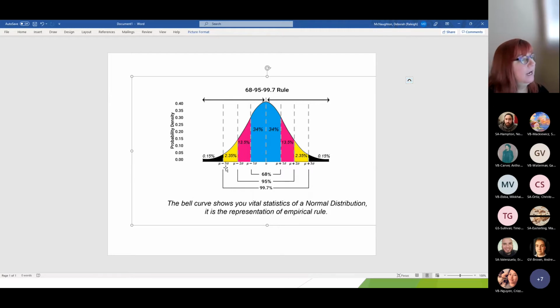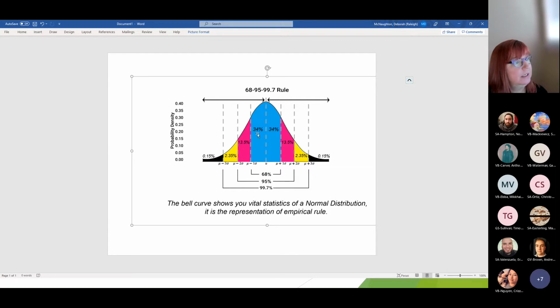So basically what I have here is z-scores of -3, -2, -1, 0, 1, 2, 3. And the way they got this 34% is they took the 68% and divided it by 2.